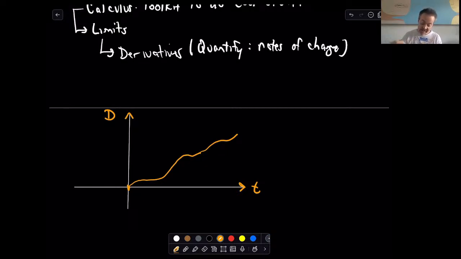If we have a formula or a graph for the distance away, we can start manipulating that information, and you can talk about what your instantaneous velocity is, or what your acceleration is.